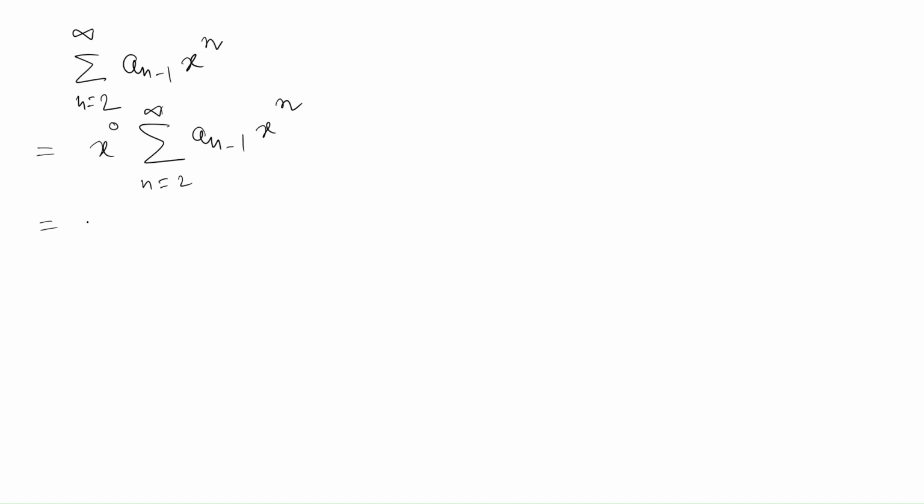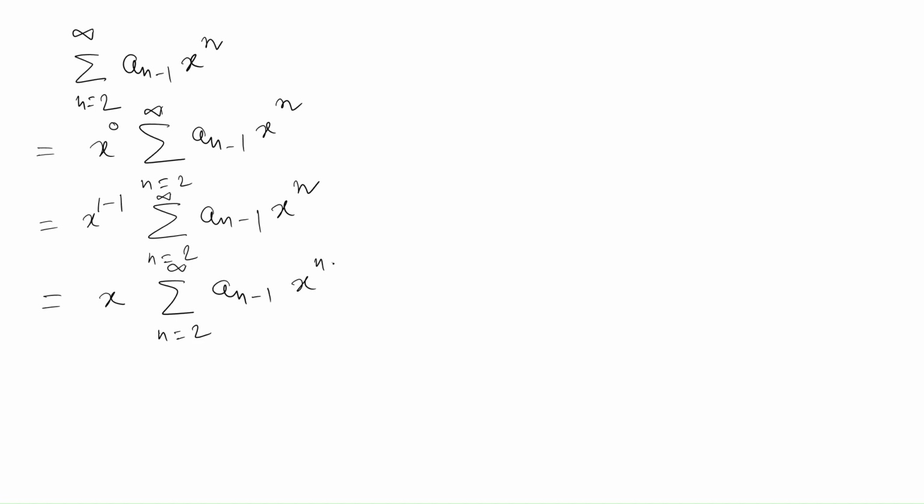x to the power 0 can be written as x^1 times x^{-1}, sum n equals 2 to infinity a_{n-1} x^n. Now let us keep x outside and take x^{-1} inside. Then we will have a_{n-1} x^{n-1}.